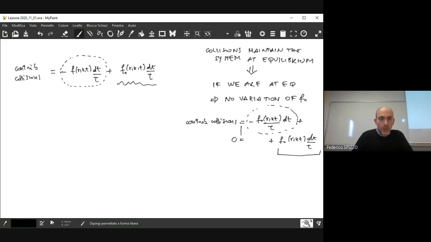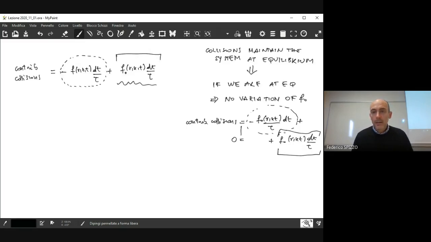Now, in the situation we are evaluating, we are out of equilibrium and we need to estimate the second term. But we exploit another feature of the collisions, that is that the effect of collisions is to erase any contribution of the external forces. So any contribution of the, let's say, F distribution function is cancelled by the collisions, then we are justified to use this term here in both situations.